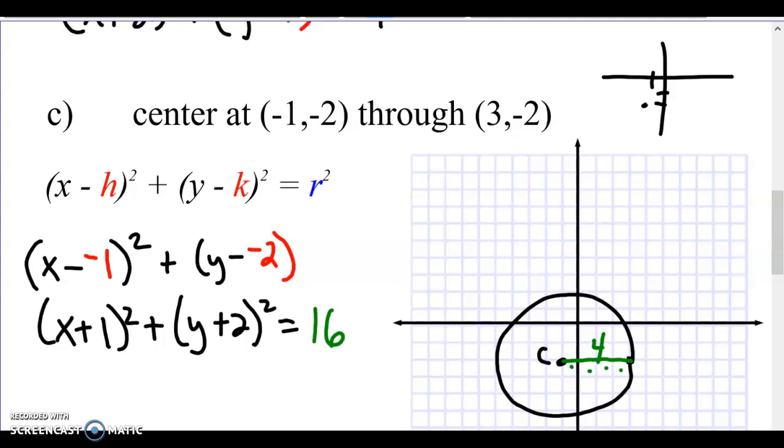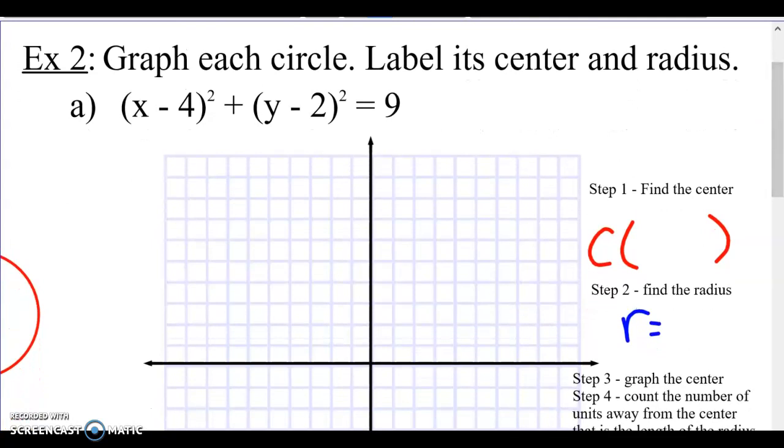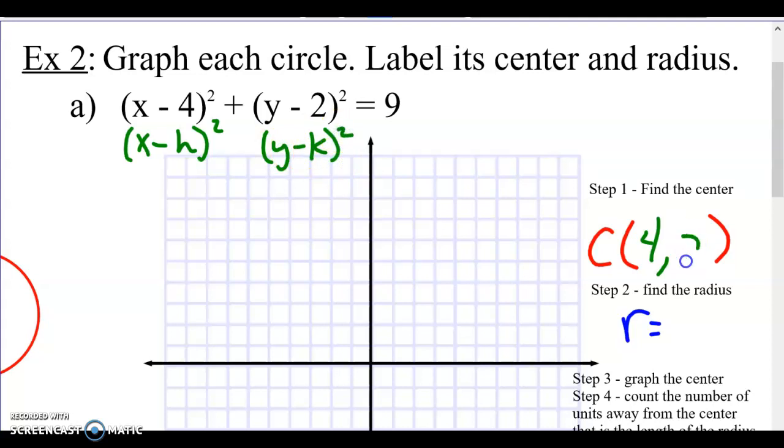All right, next example here. On this one, it says to graph the circle. Because the general formula is x minus h, that means 4 is the x value. And then the formula is y minus k, so again, 2 is the y value there. And then what squared makes 9? 3.